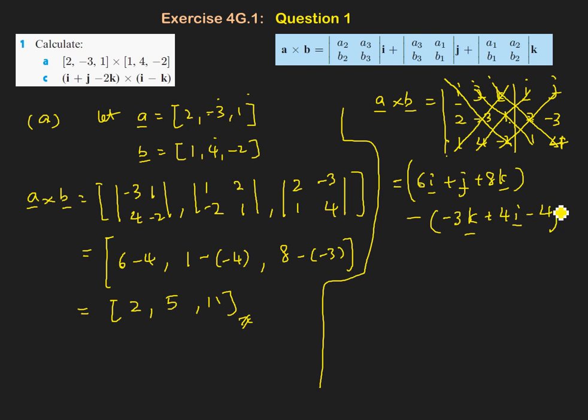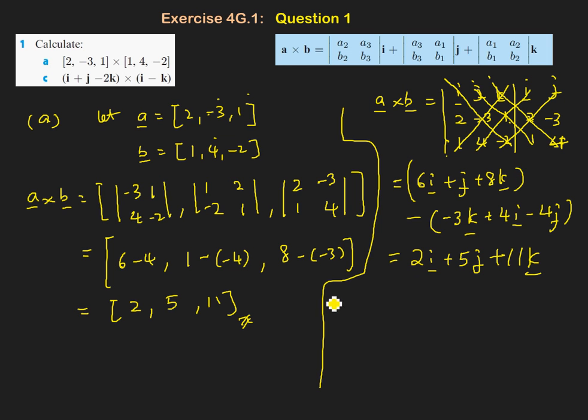Then I can simplify this. I have 6i minus 4i, so I have 2i, and j minus 4j... so that means I get 5j, and 8k minus 3k, and that is plus 11k. It is essentially the same as using the formula.